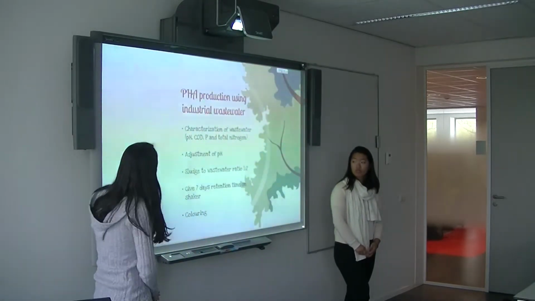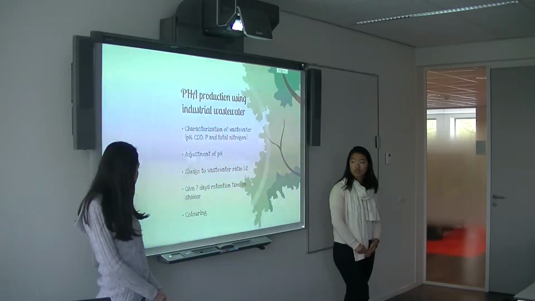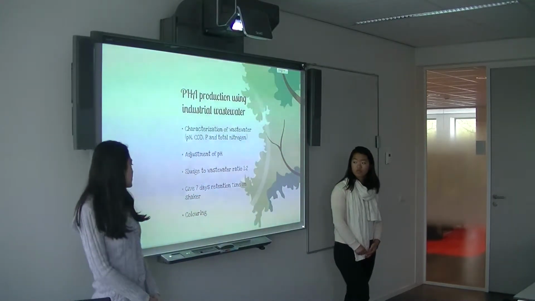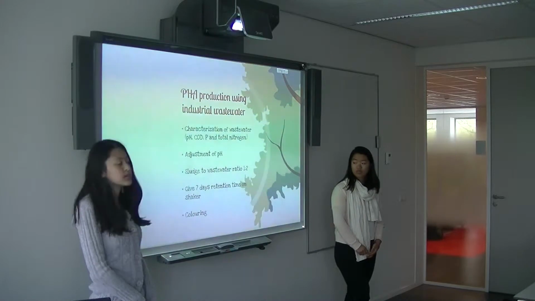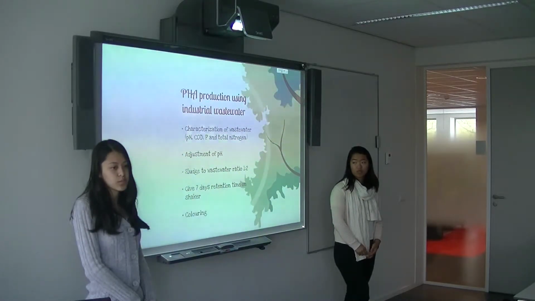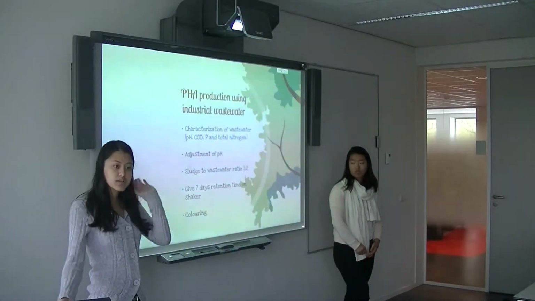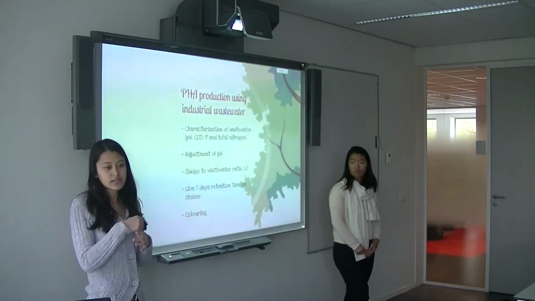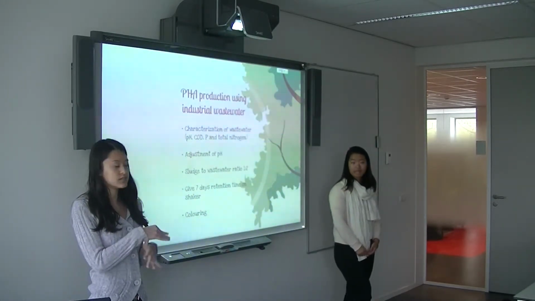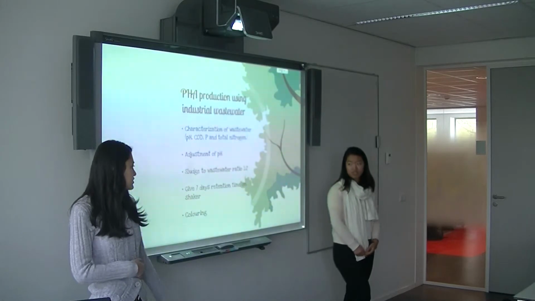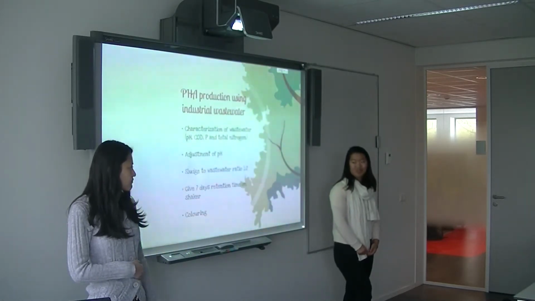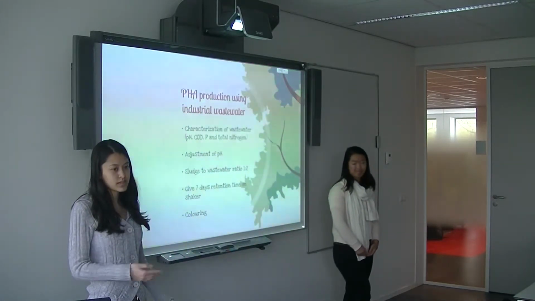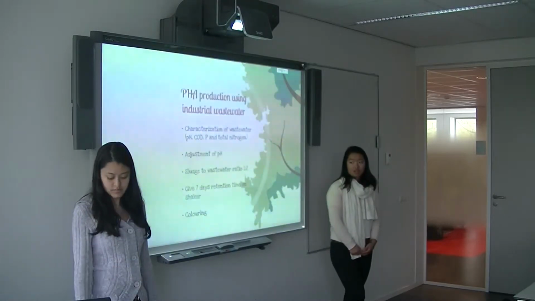The wastewater ratio was 1:2 with 7 days retention time on shaker, and we're still waiting. We already did the coloring last Tuesday, but there were no real results with it either, because it hadn't been 7 days yet.